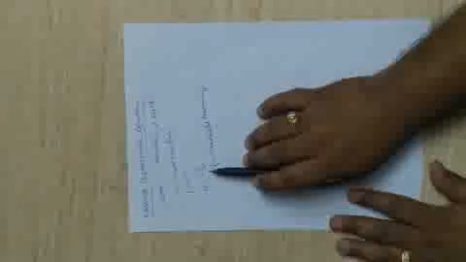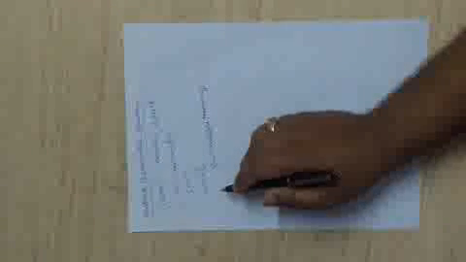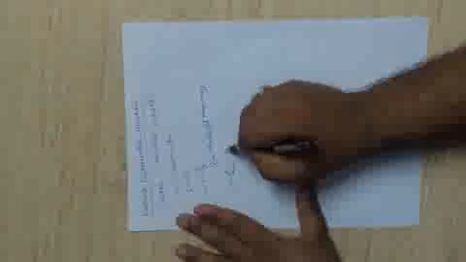So we can say that the maximum kinetic energy of the electron, half m v max square, will be equal to h nu minus W, where h nu is the energy of the photon and W is the work function which is required to free the electron.